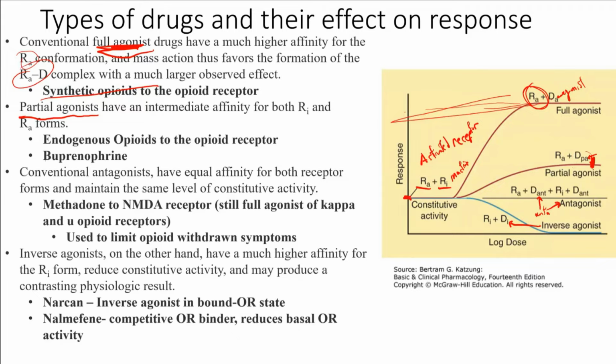Another one is buprenorphine. This is a drug that's used to help mitigate withdrawal symptoms of people that have been addicted to opioids. So it's kind of like the opioid version of a nicotine patch.